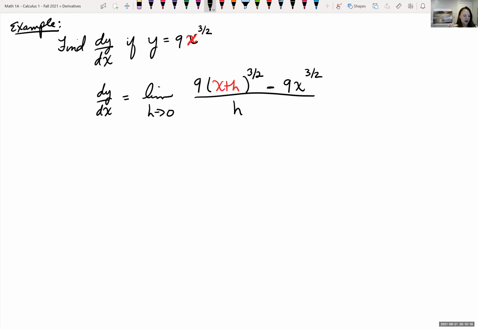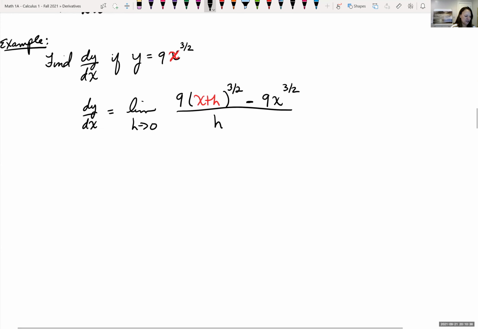If we plug in 0 for h, we get that indeterminate form. And so we need to manipulate this. I think it's helpful to see, instead of a fraction as an exponent, maybe seeing that as a radical, it will clue you in on what you should do.